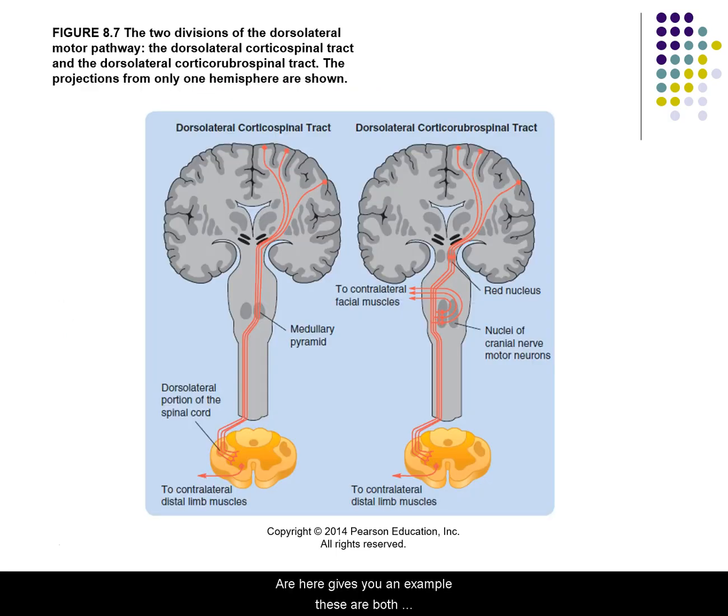And here it gives you an example. These are both dorsolateral. The one on the left is the corticospinal. The one on the right is the corticoruberospinal. Okay, and so you'll see the one on the right, it passes through red nucleus. The one on the left doesn't. I left out the other terms here and there. The other thing that you'll want to focus on right now, before we go to the ventromedial, is that a lot of the tracts are this way.